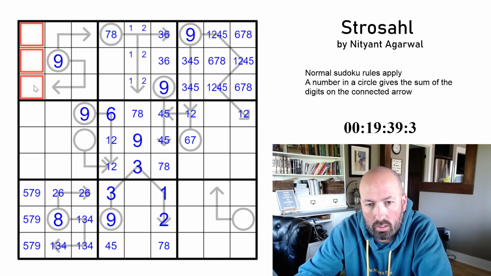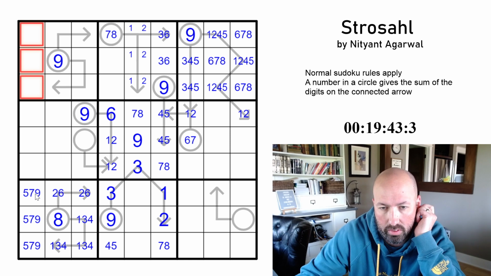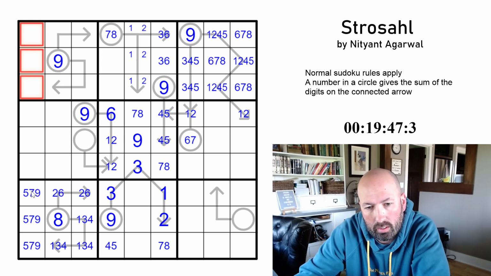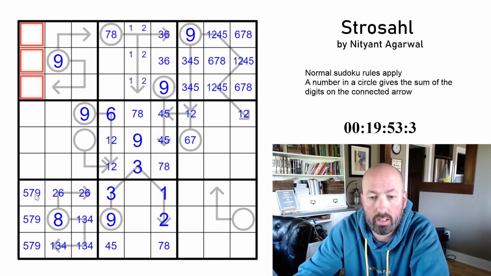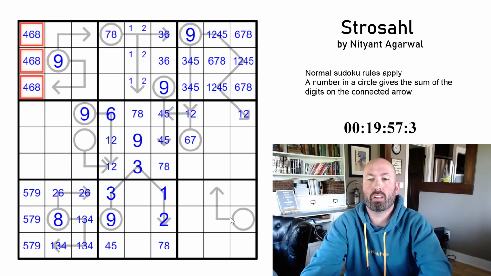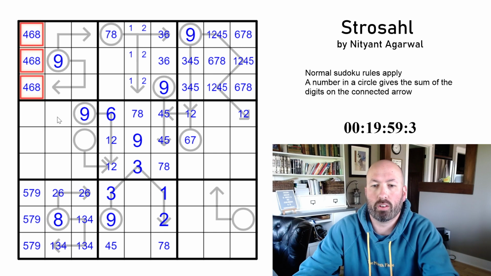So 18, and we can't use a 5, 7, or 9. The minimum without a 5, 7, and 9 is 8, 6, and 4, which is 18. So these have to be 4, 6, and 8. There we go. That's what we needed.